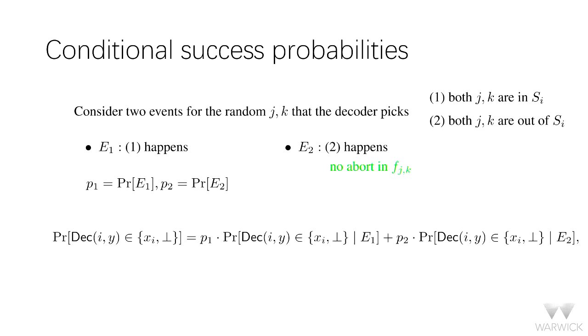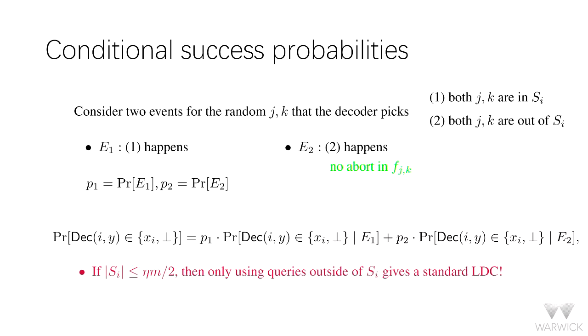So then we can write down the decoding success probability in a conditional way, just by considering the conditional probability according to the two events. Also notice that we have the following observation, that if the size of S_i is at most some constant fraction times m, then only using queries outside of S_i should give us a standard LDC.